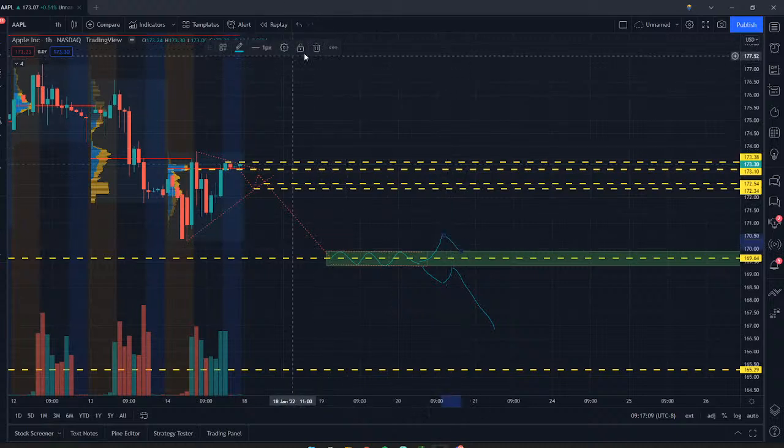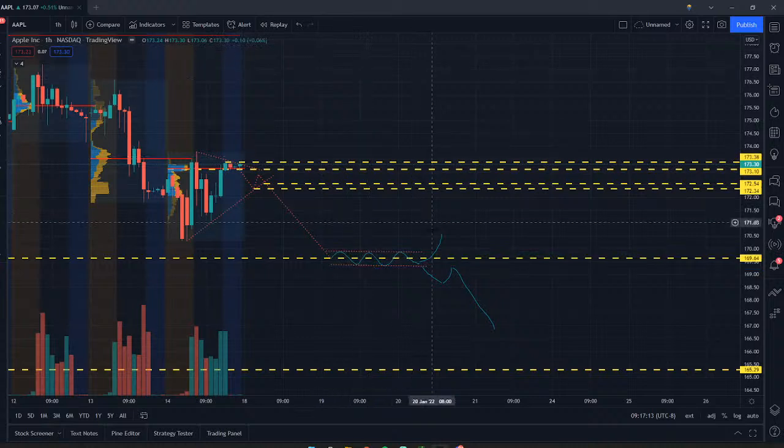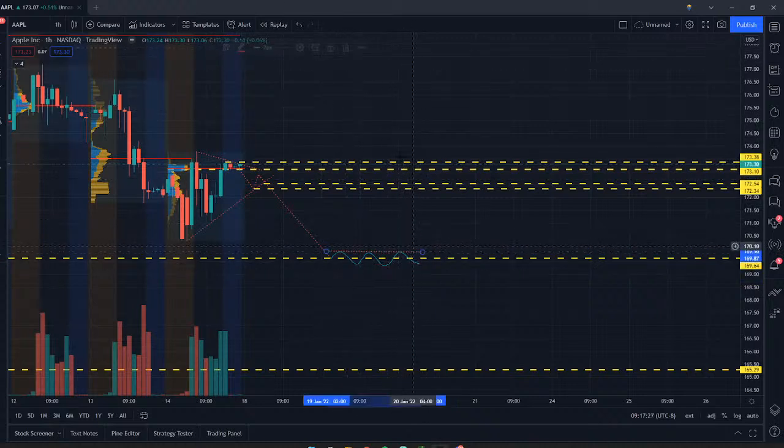Let me just get rid of all this stuff. While I'm deleting this, I'll just say really quickly, the POCs are points of control.